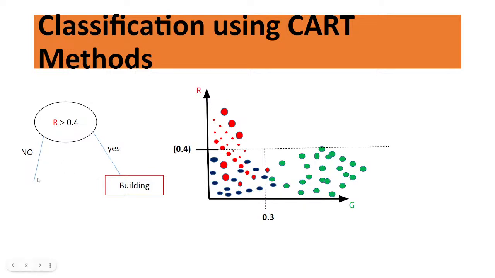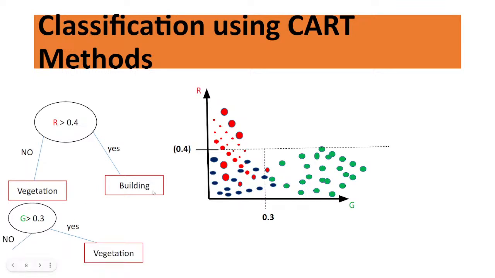Okay, and if it is no, then it will be vegetation. Further, I also check another condition for vegetation: green greater than 0.3. If true, then it will be vegetation, and if no, then it will be water body.